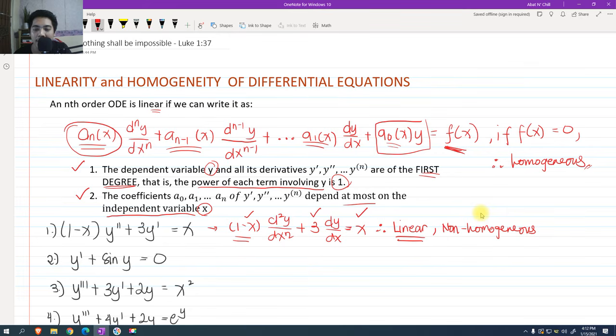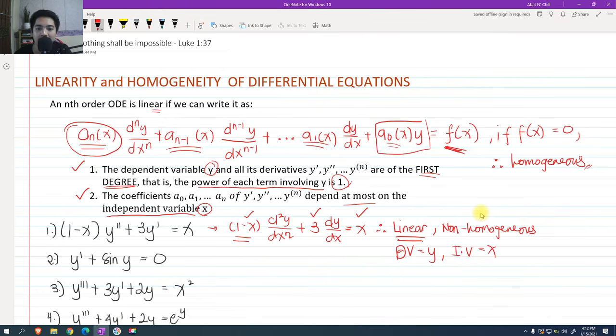So what is our dependent variable here? Let's write it as DV. The dependent variable would be equal to what? The y. The independent variable is what?